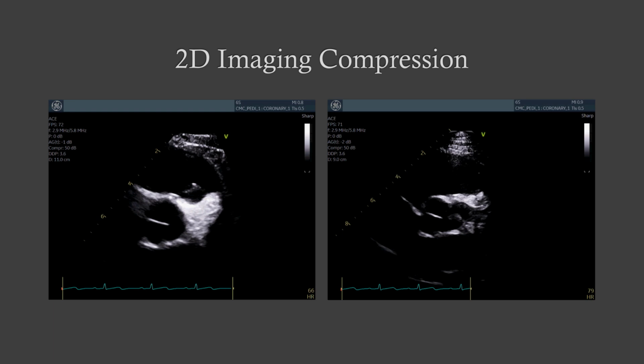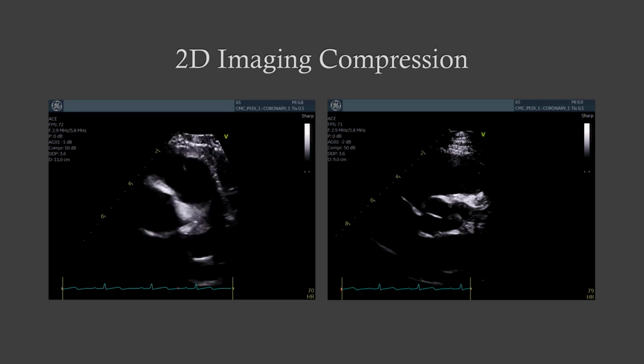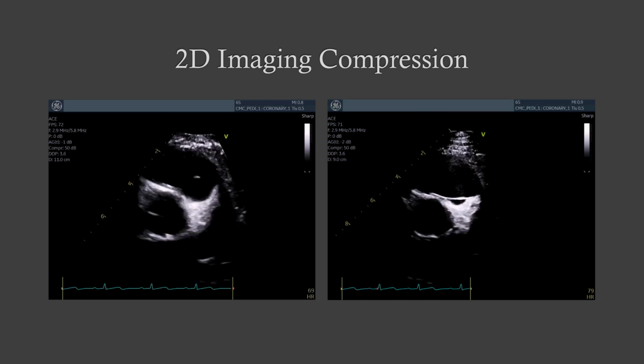We can see in these two images how adjustment of the dynamic range or compression help the left coronary arteries appear more obvious, easier to assess. On the right hand side, we have increased compression, meaning less shades of gray, which makes those coronaries easier to see.